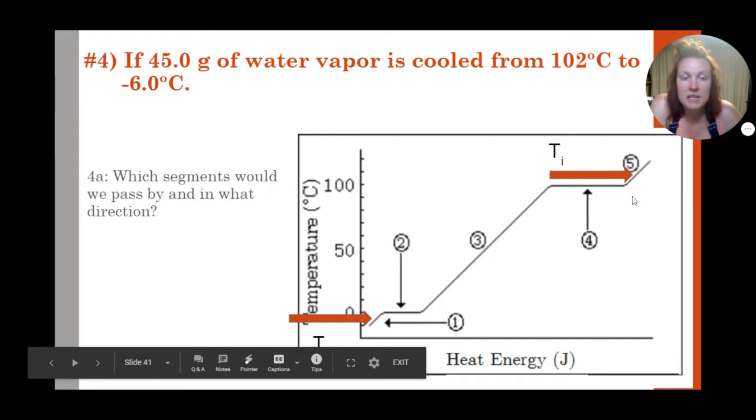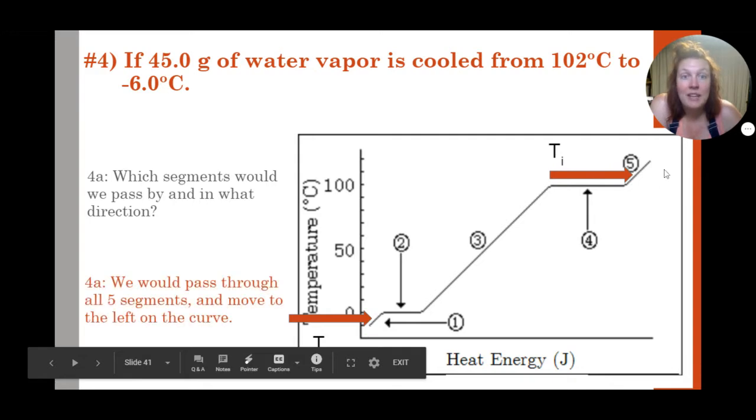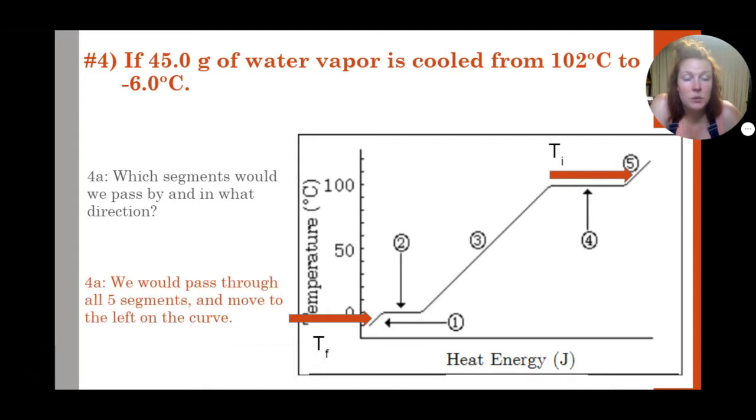Remember, this plateau is melting, this plateau is boiling and condensation. So we're going down in energy, down in temperature, so we are moving from right to left, which means we are experiencing an exothermic phase change.